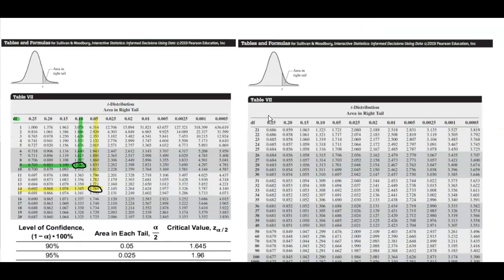So we want 19 degrees of freedom, and our area is 0.01. The t-value that we find there is 2.539.